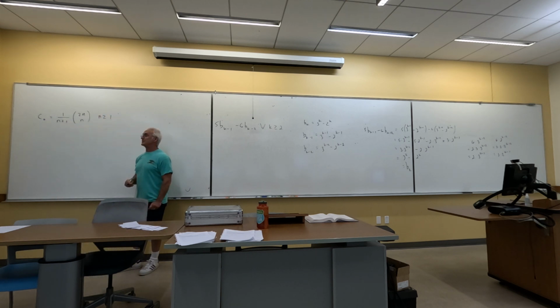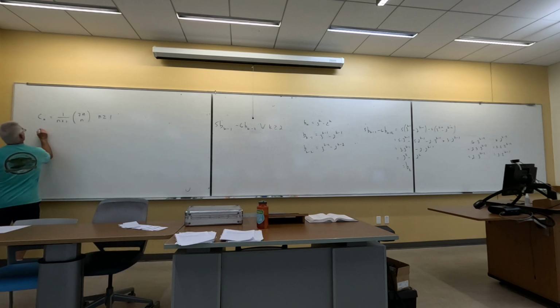So if we're starting at 1, let's write down the first few Catalan numbers. C1 would be 1 over 2 times 2 choose 1. C2 would be 1 over 3 times 4 choose 2. C3 would be 1 over 4 times 6 choose 3, and let's do one more. C4 is 1 over 5 times 8 choose 4.